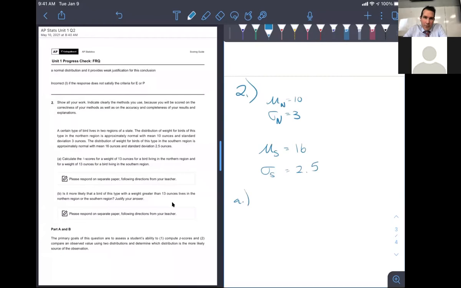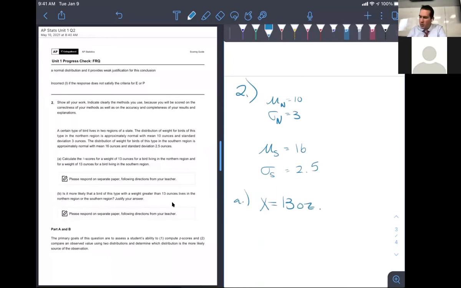Because this is early unit stuff, it's just going to be the basics. I could probably push you on this a little bit further to compare these two distributions, but this one's going to say: calculate the z-scores for a weight of 13 ounces for a bird living in the northern region and for a 13 ounce bird living in the southern region.